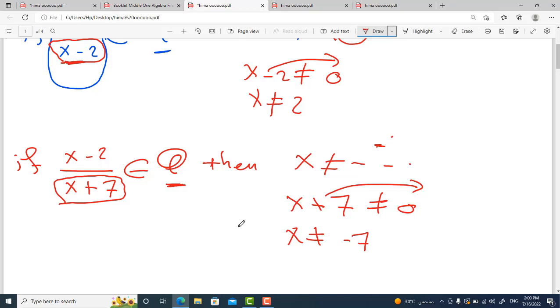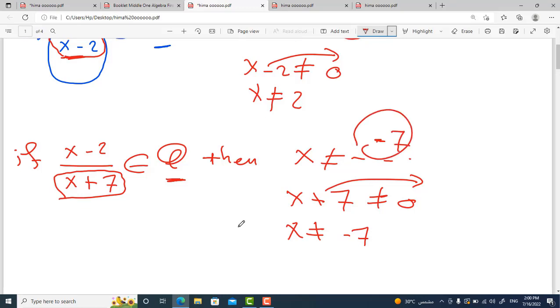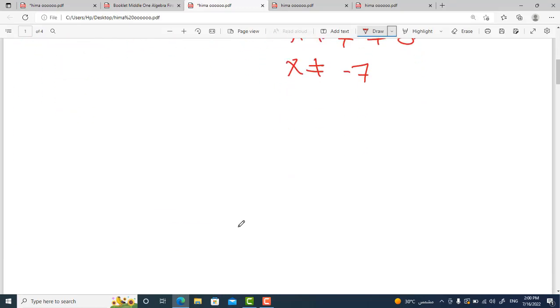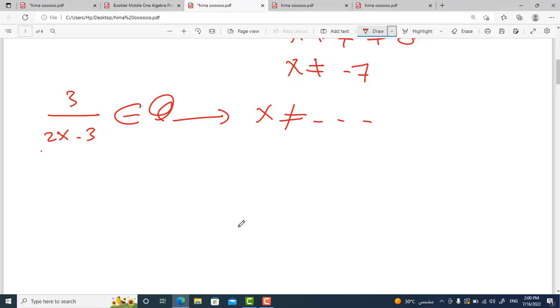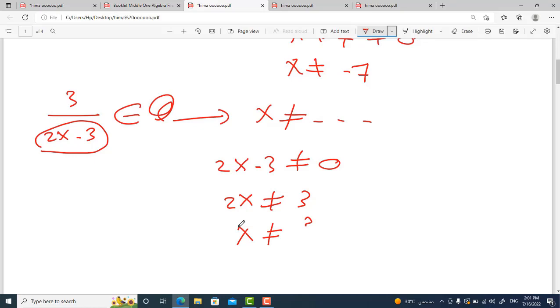So our answer here is negative 7. Another example: 3 over 2x minus 3 belongs to Q. So x doesn't equal what? Take the denominator: 2x minus 3 doesn't equal 0 because it's a rational number. So 2x doesn't equal 3, and x doesn't equal 3 over 2.